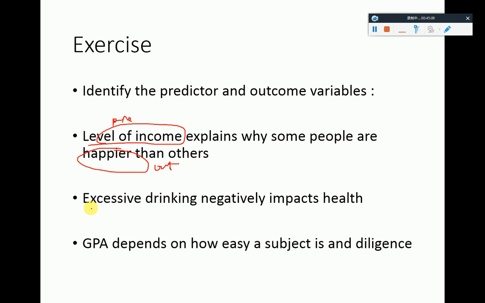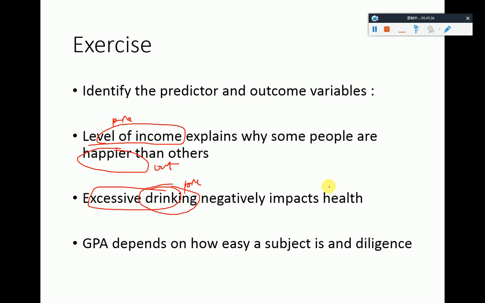So our second sentence: excessive drinking negatively impacts health. Here the predictor variable is the amount of drinking, because excessive is an adjective, it describes how much one drinks. So this is the predictor variable.